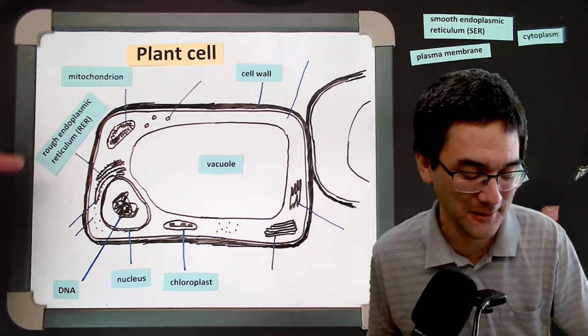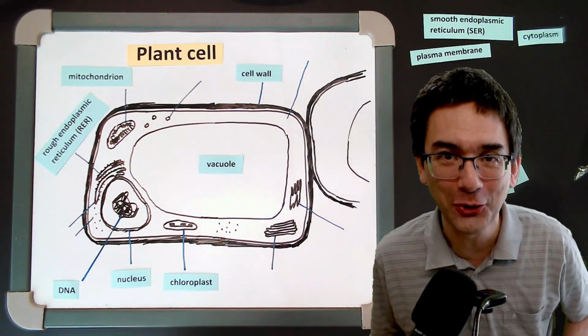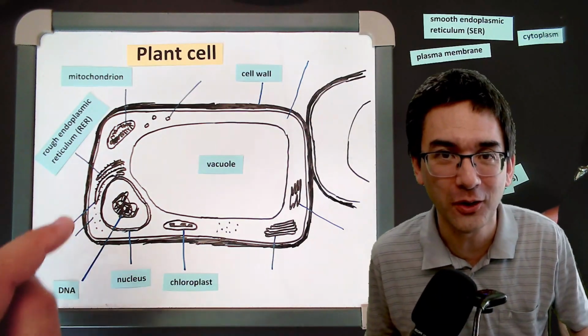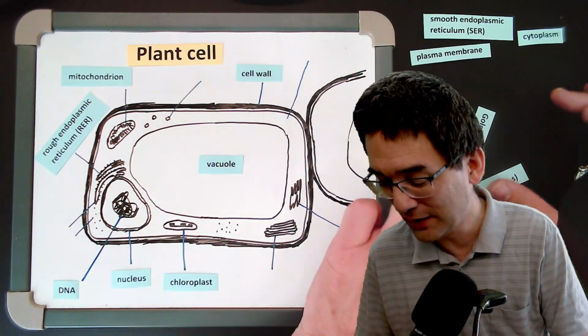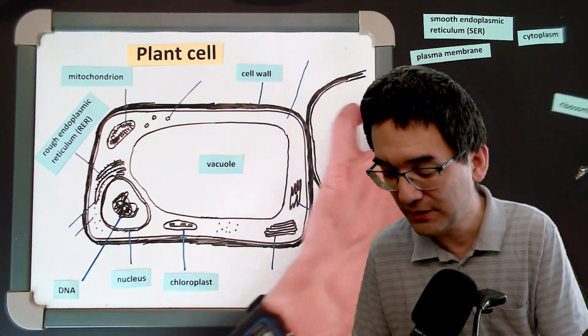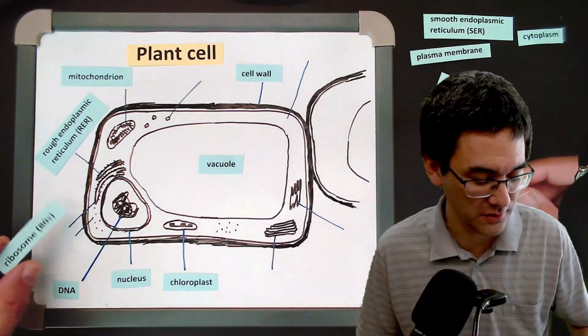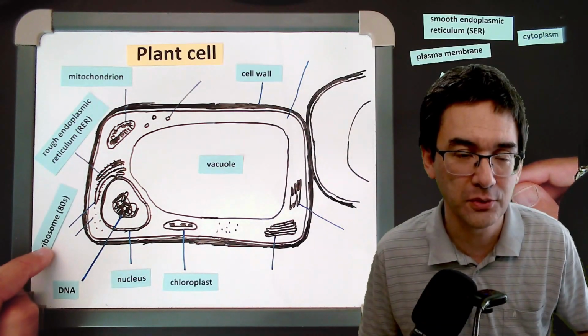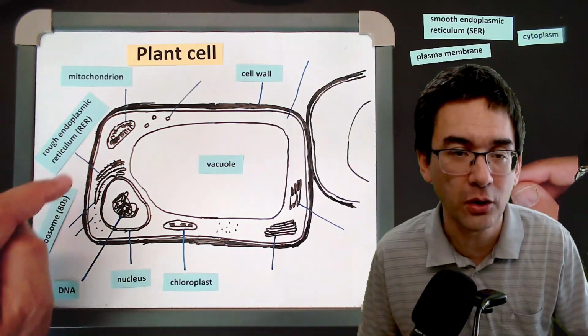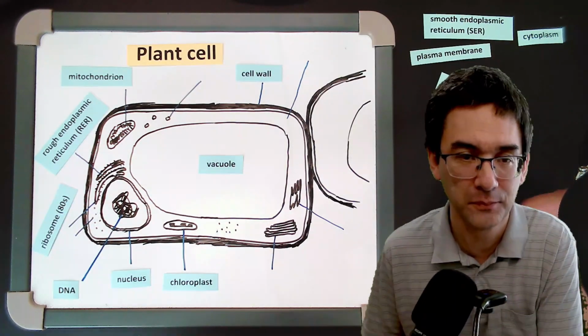But you get the idea. You remember what those dots are? Those dots on the RER, and those dots floating around freely over here and over here, these are ribosomes. So I'm going to include it here. Some ribosomes are free, some of them are on the rough endoplasmic reticulum.